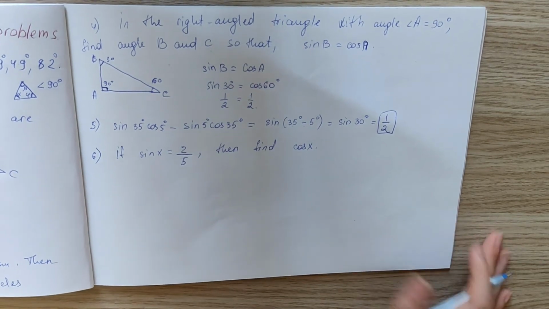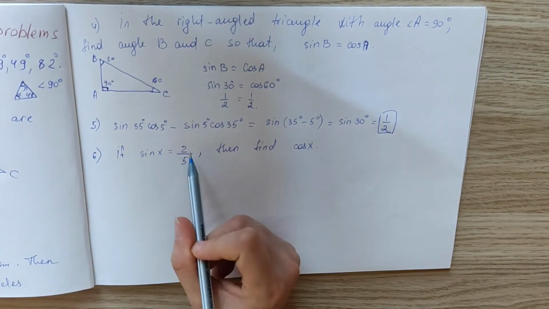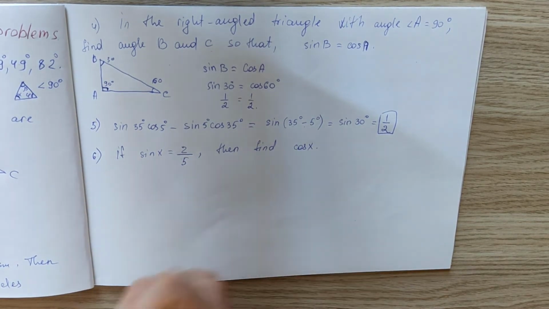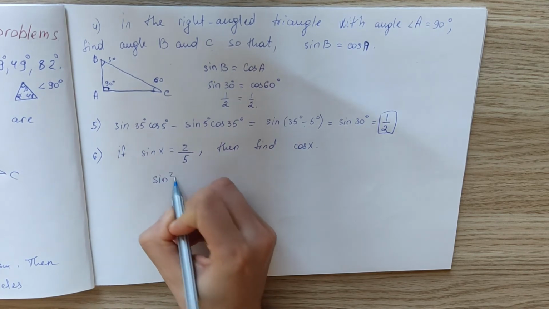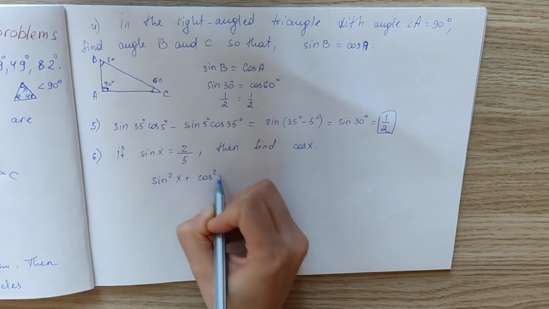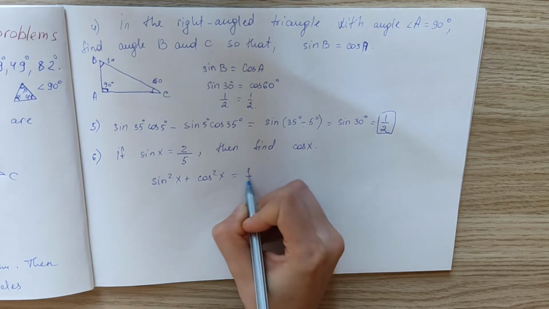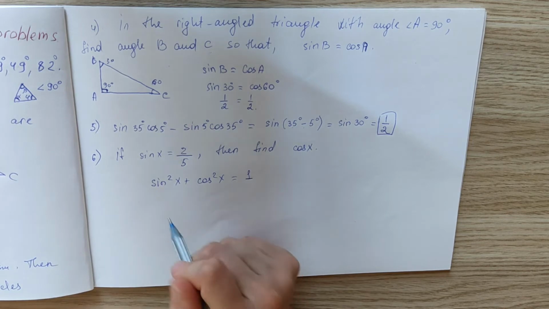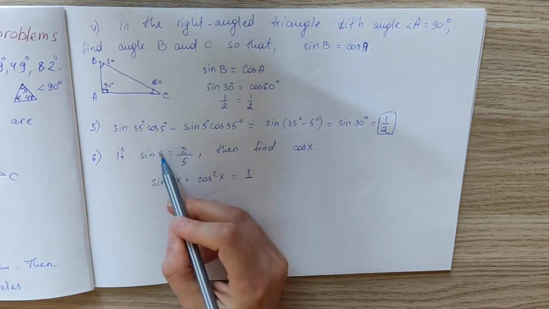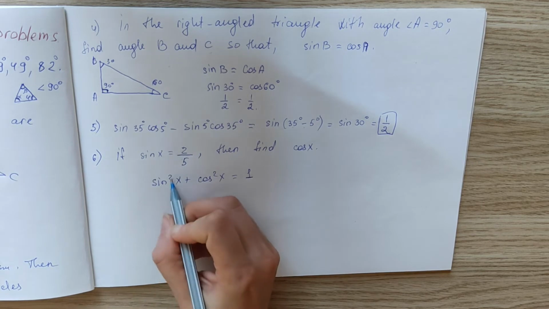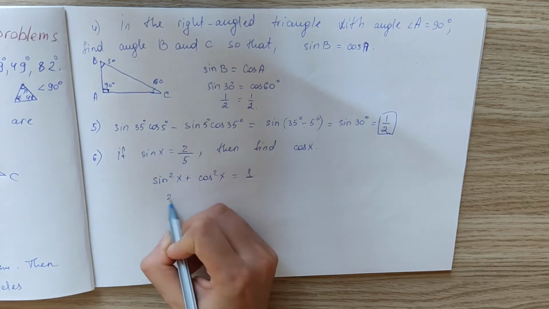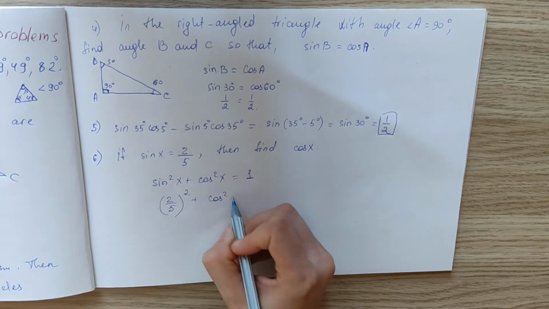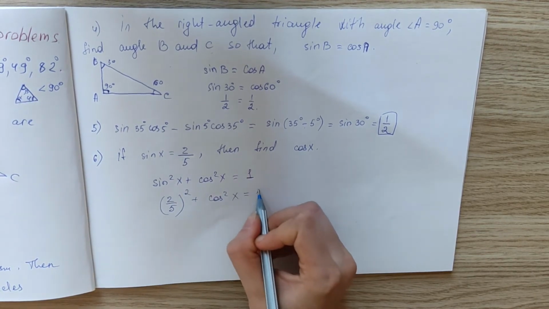Next question. If sine x is equal to 2 over 5, then find the cosine x. We know that sine square x plus cosine square x is equal to 1. We have studied this in our previous lesson. Here, sine x is 2 over 5. If we square it, we will get 2 over 5 square plus cosine square x, and this is equal to 1.